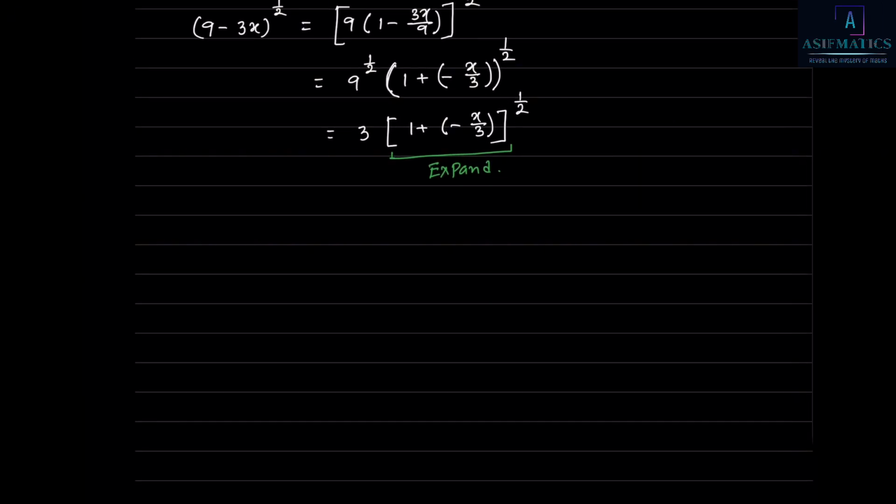So we can expand (1 plus minus x by 3) to the power 1 by 2 equals 1 plus nx, which is half times minus x by 3, plus n(n minus 1) by factorial 2 into x square, which is (minus x by 3) whole square.